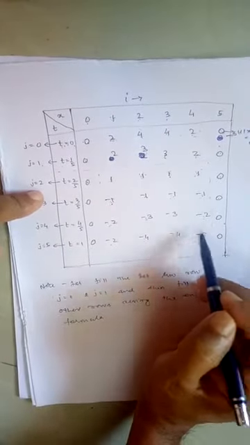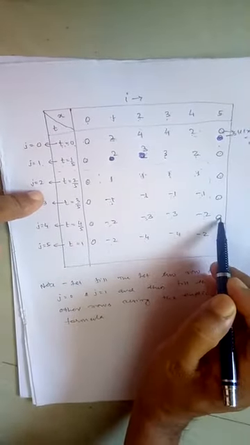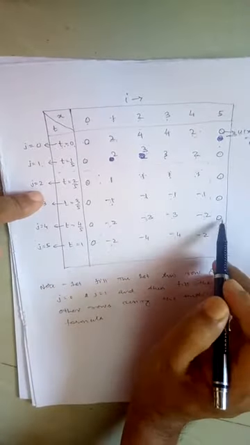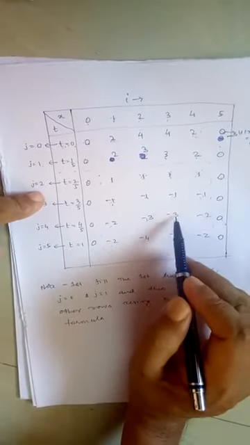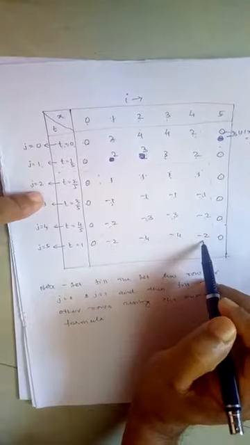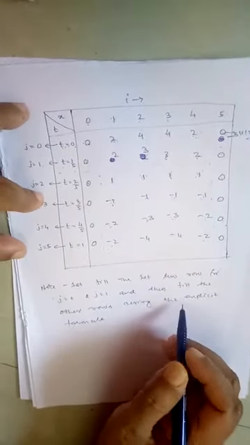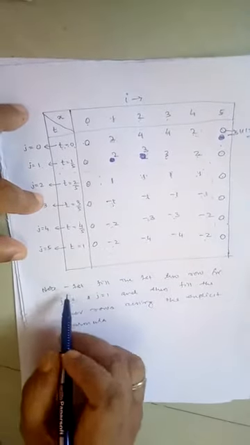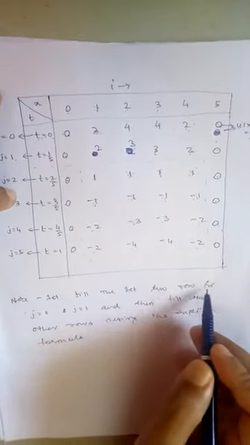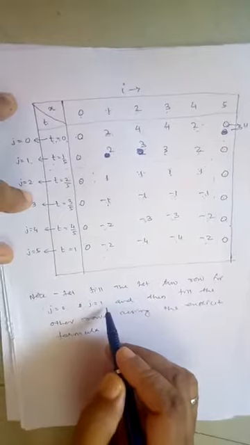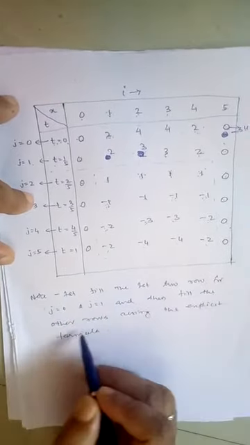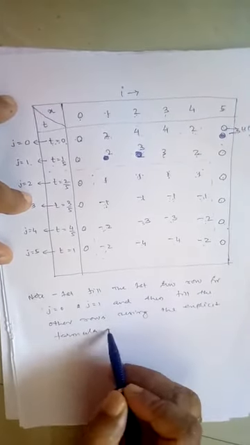At this position, we will have minus 3 plus 0, minus of minus 1 is plus 1, so minus 3 plus 1 is minus 2. So these are the solutions in the interior grid points. So remember one thing here: first fill the first two rows for j equal to 0 and j equal to 1, and then fill the other rows using the explicit formula.